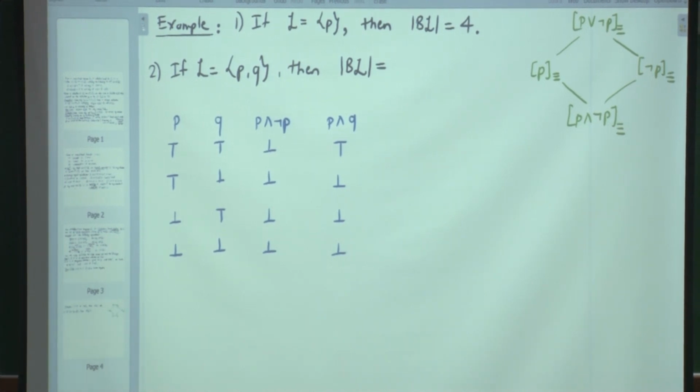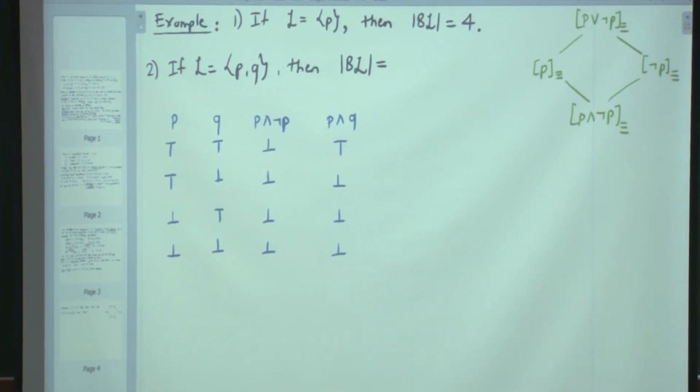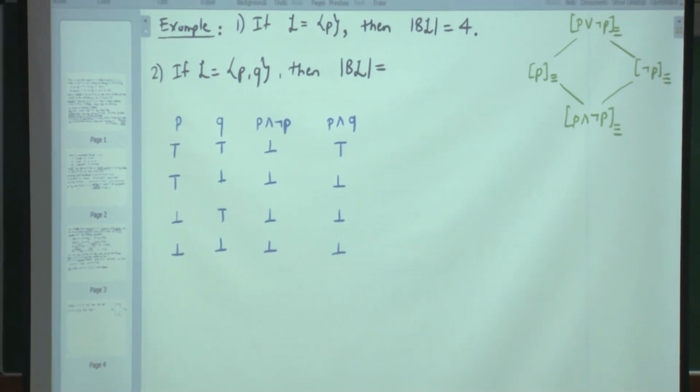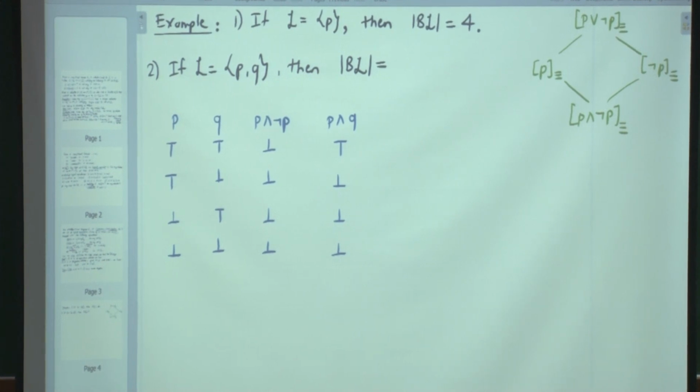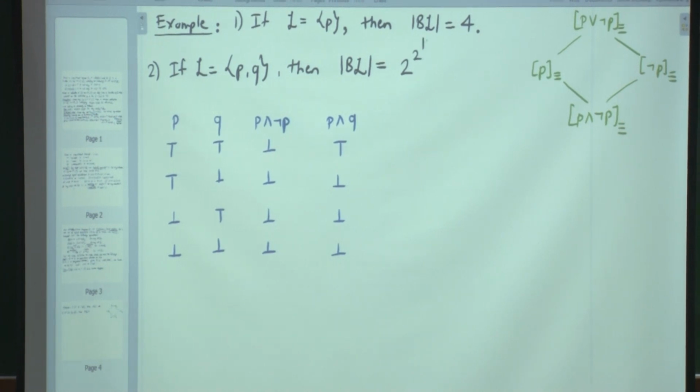So, this will be my atom, and there will be 4 in total. So, if the number of atoms is 4, then 16. So, this is actually 2 to the power size of L.